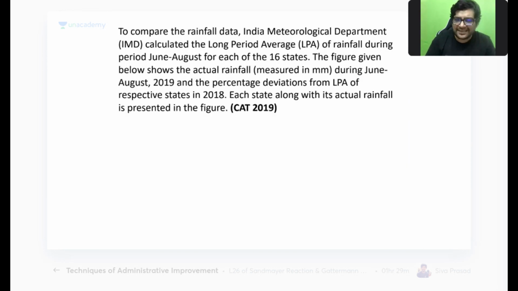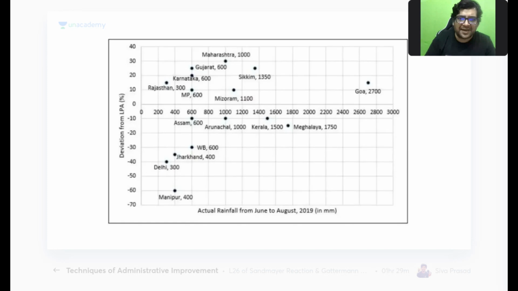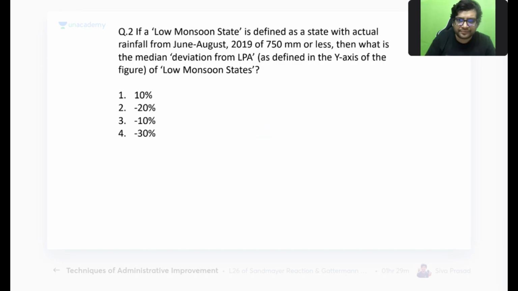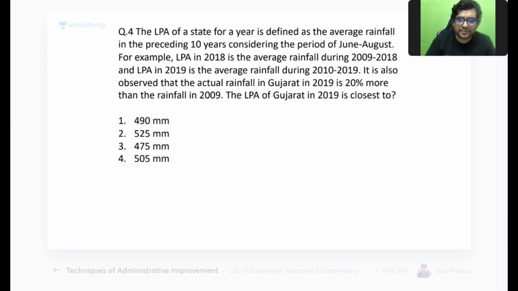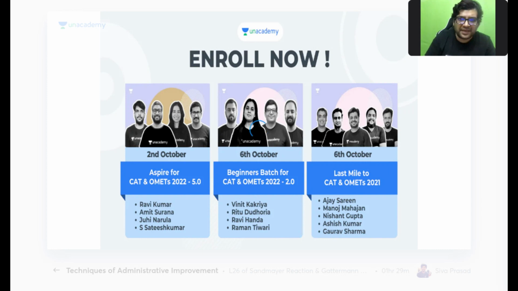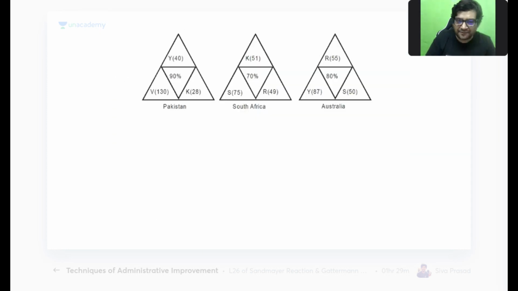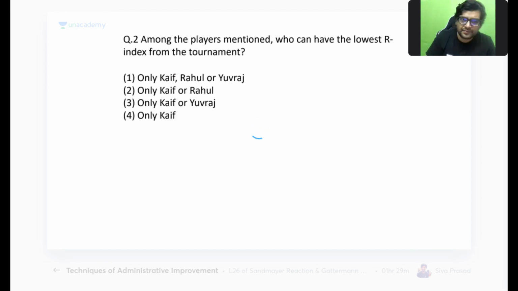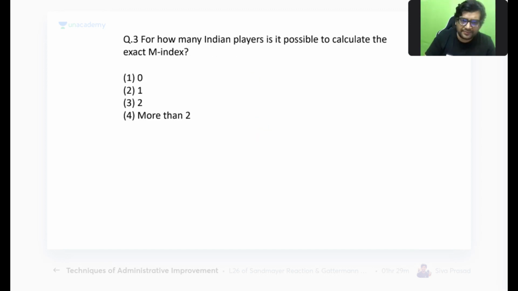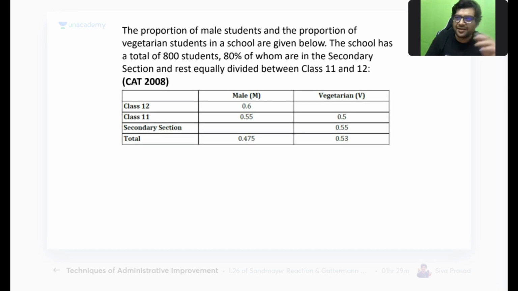So I have planned 3 sets today. One is from CAT 2019. Then we have another one from CAT 2004. And in the end, the last one is from CAT 2008.